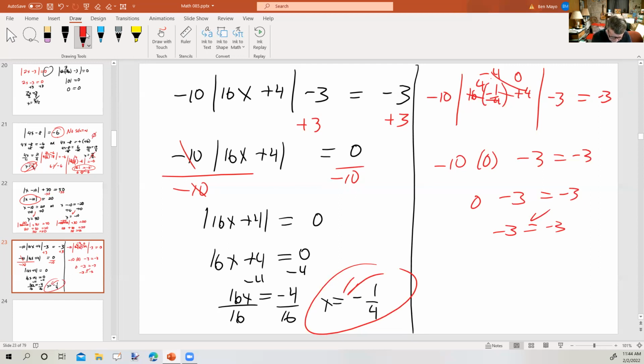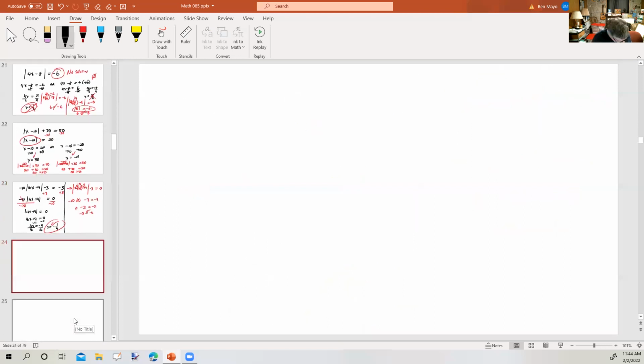Okay. What about if we have two absolute value expressions? The absolute value of 4x plus 3 equals the absolute value of 9 minus 2x. All right. Now, we could look at four possibilities.